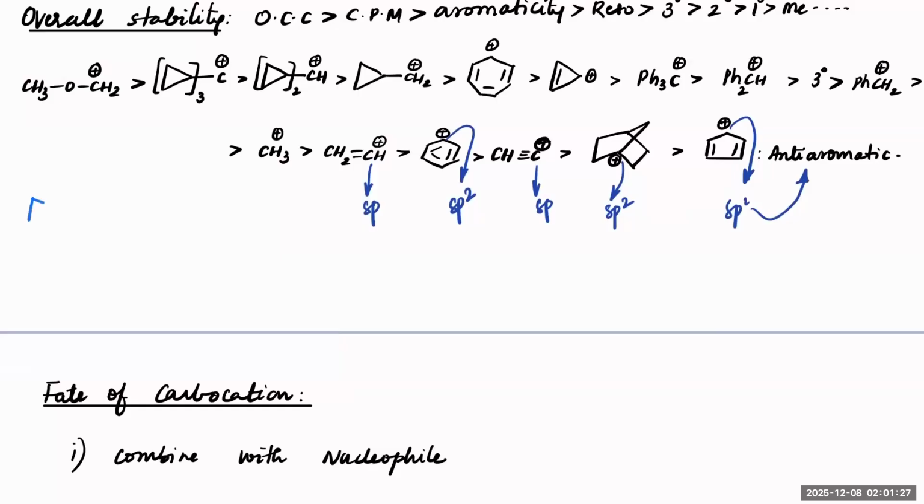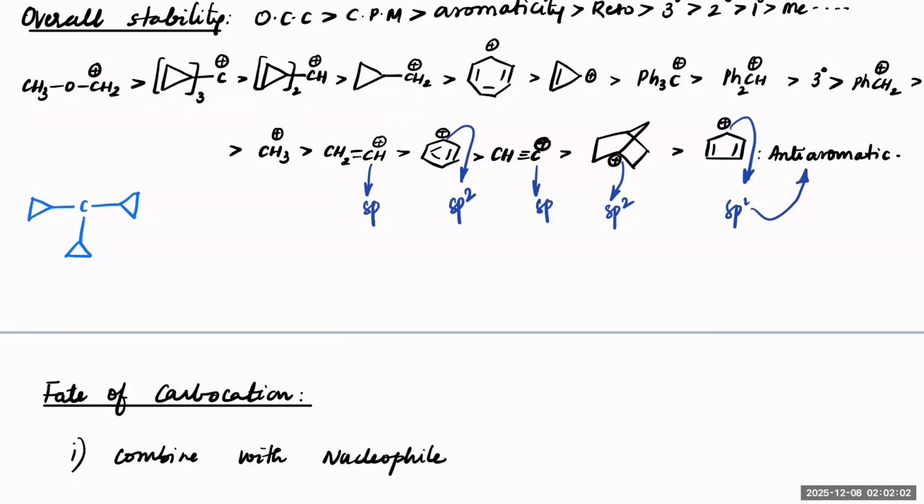Here this carbon is connected to one more CPM, here it is connected to one more cyclopropyl. So the more cyclopropyls we have, the more ring opening takes place, and more ring opening means more stability. So first 3, 2, 1. These are the number of cyclopropyl groups that can be stabilizing.